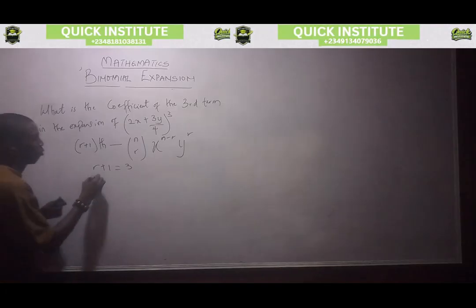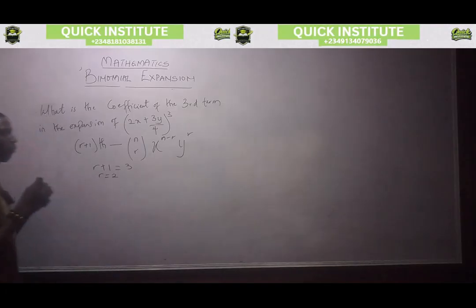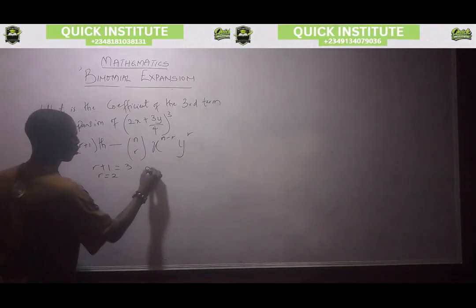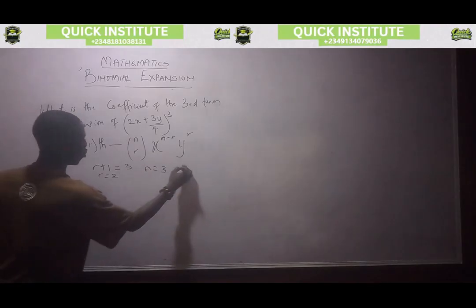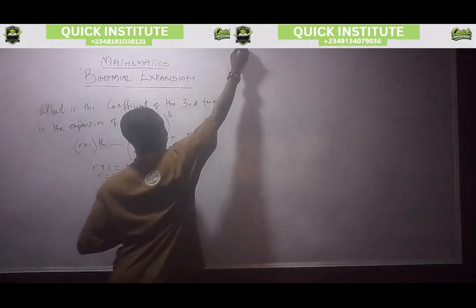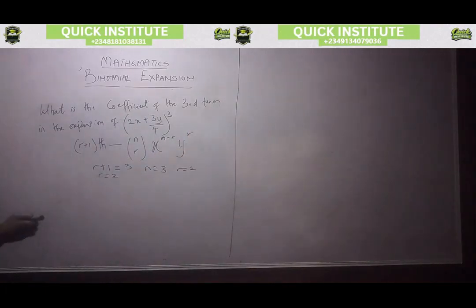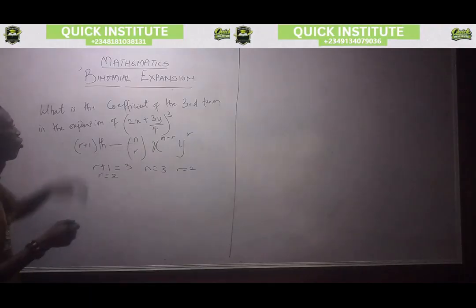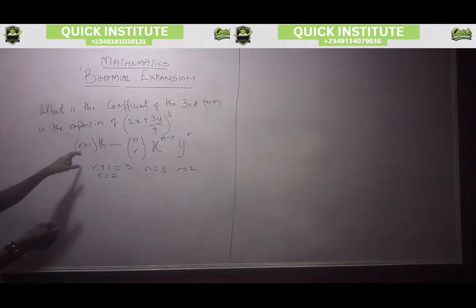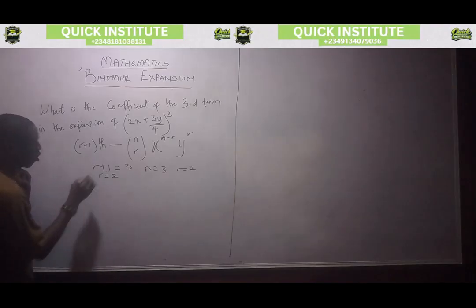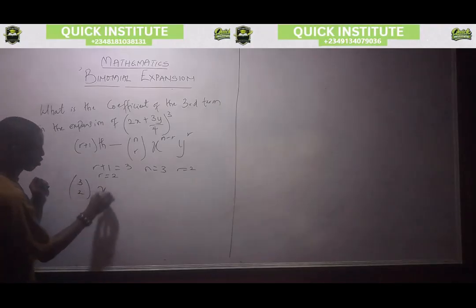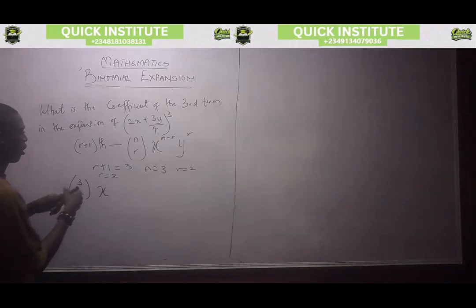So now your r will be 2 here, and your n is 3 here. So you go back to your formula for a given specific term, when n is 3 and r is 2.